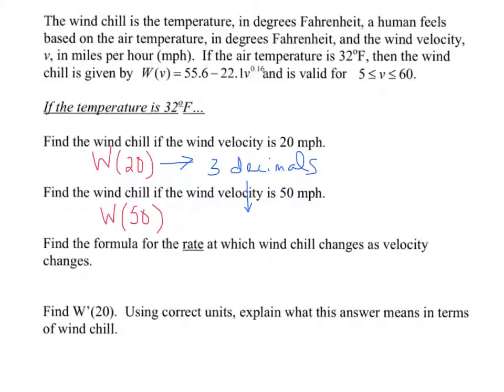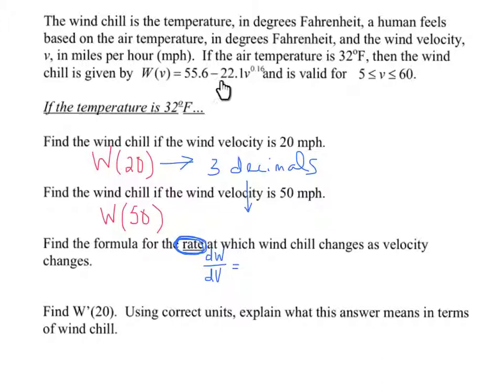The next question says find the formula for rate. Well, rate means derivative. So we're going to find the derivative, dW/dV. To find the derivative of W, the first thing we notice is that the derivative of 55.6 is 0 because that's a constant.